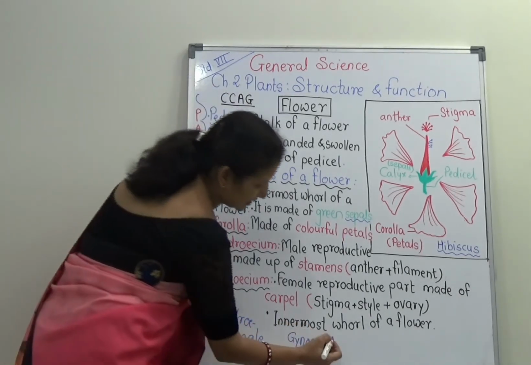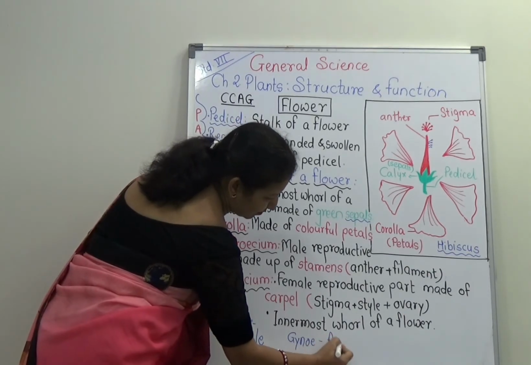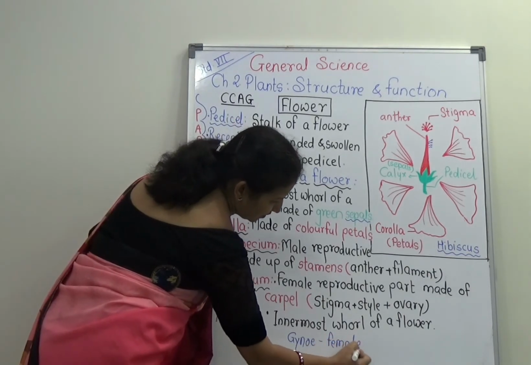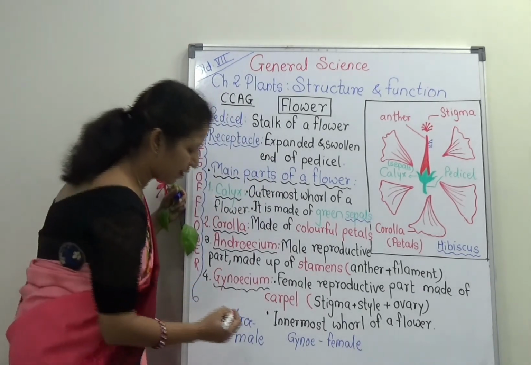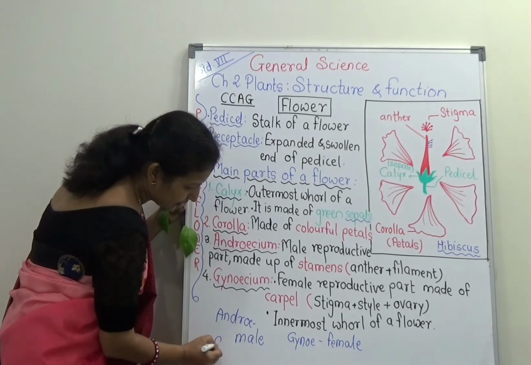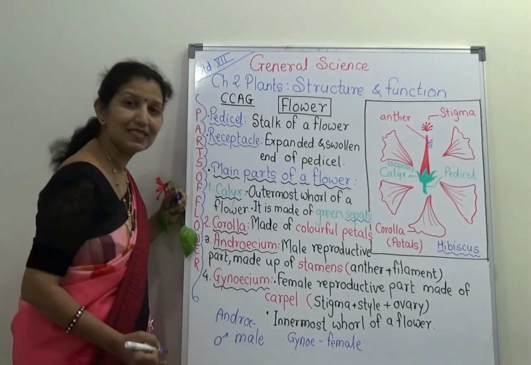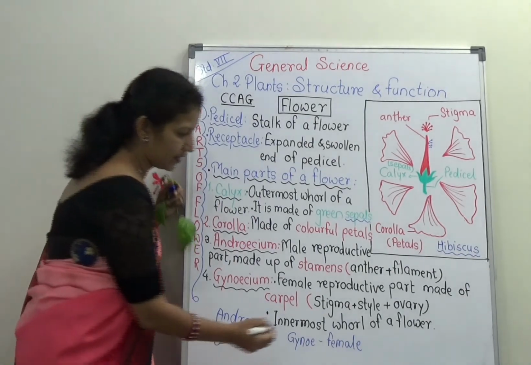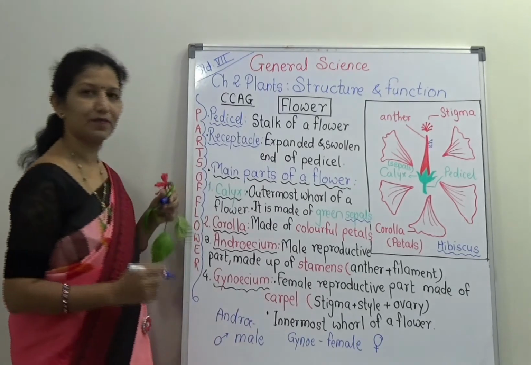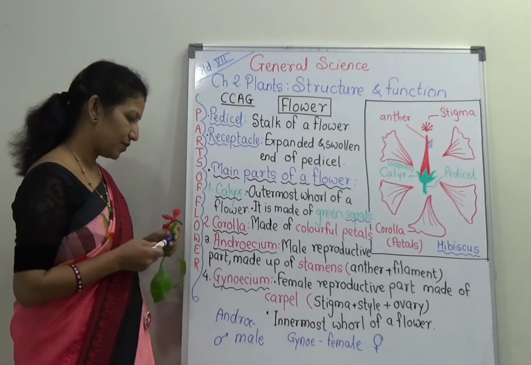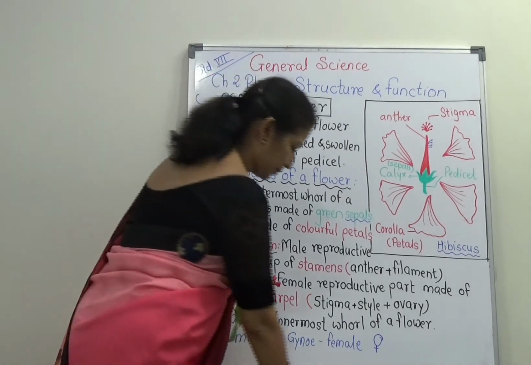So gyno is the prefix that indicates female. So gynoecium is female reproductive part of the flower. Now generally in science, male is denoted by this symbol and female is denoted by this symbol. So it is male reproductive organ and it is female reproductive organ.